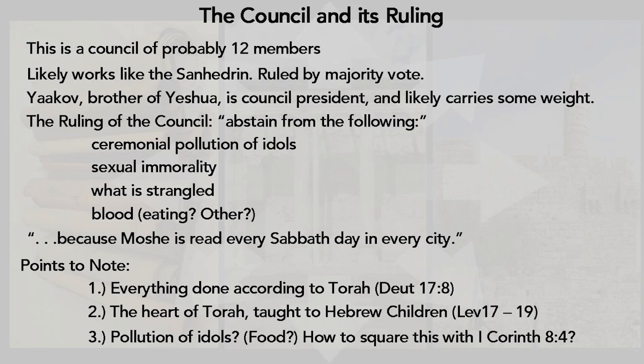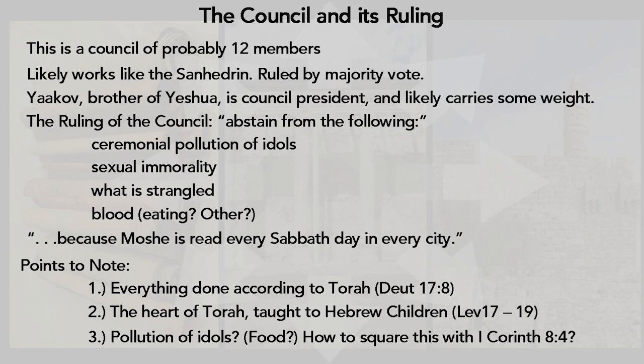So, the heart of the Torah, taught to Hebrew children. That's what we're dealing with here, right there in the middle of the book of Leviticus. Now, question. The ceremonial pollution of idols. Does this have to do with food? Well, what is sacrificed to an idol? Food, certainly. But if you read some of these commentaries and some of the ancient documents from those days, you'll see that anything can be sacrificed to an idol.